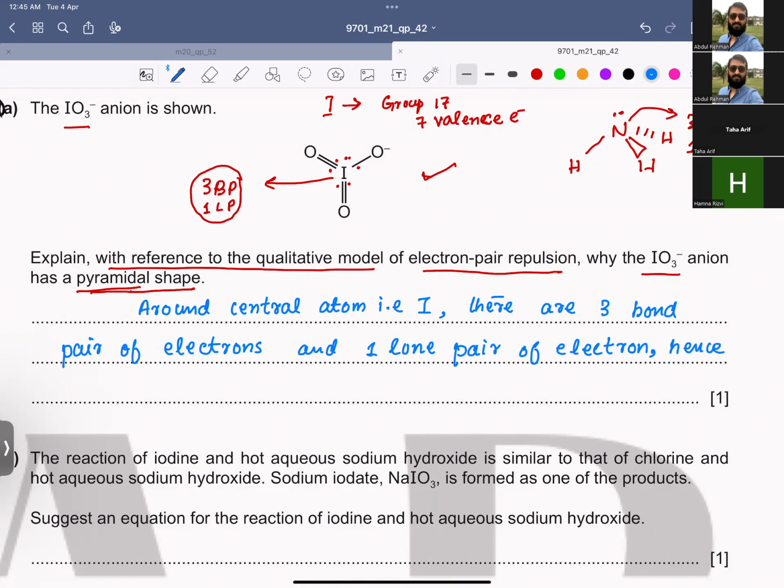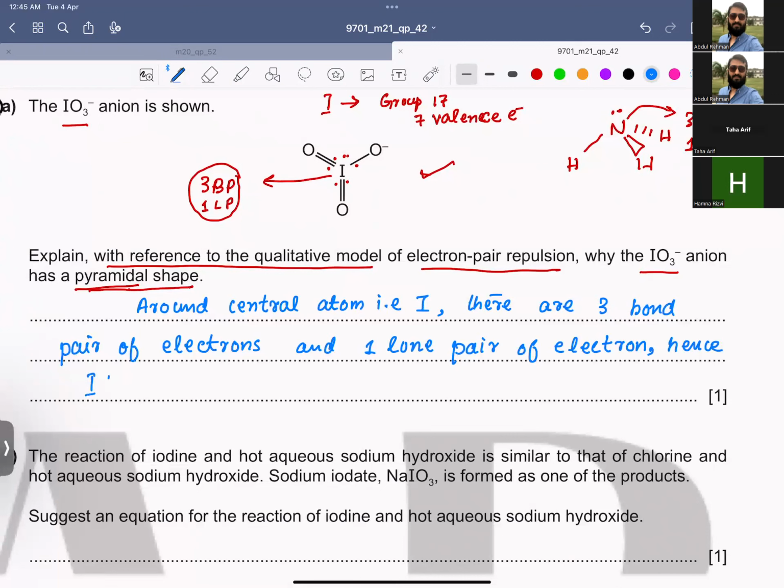Hence, iodate has a pyramidal shape. Yes, is this clear to everyone? Yes, sir.